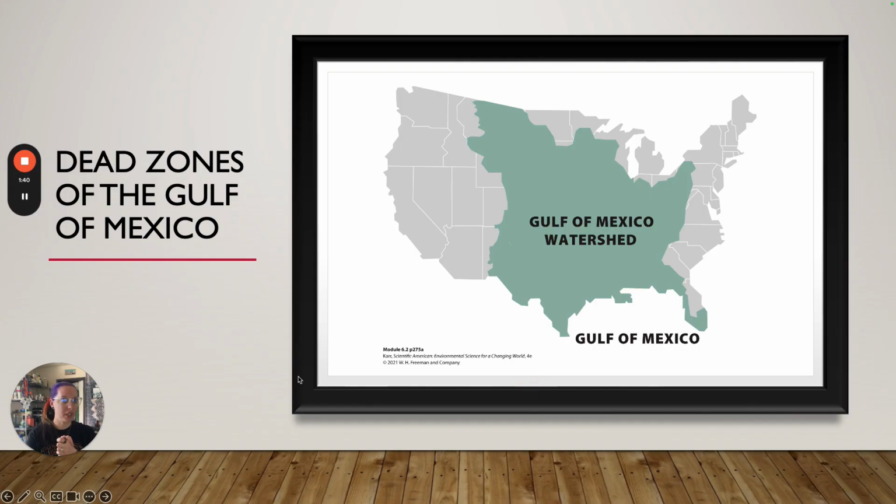Your book does a really good job of looking at and focusing on the Gulf of Mexico and something called a dead zone. We'll talk a little bit further about exactly what dead zones are in another video, but I think it's a very important topic.